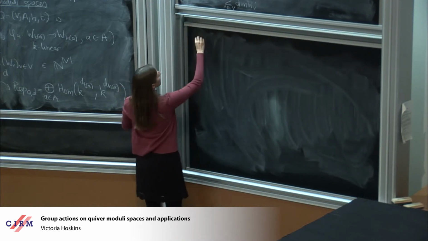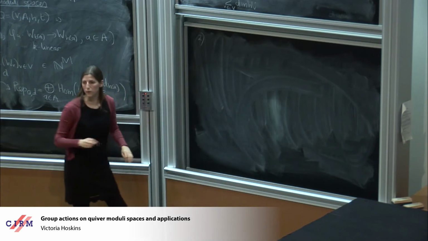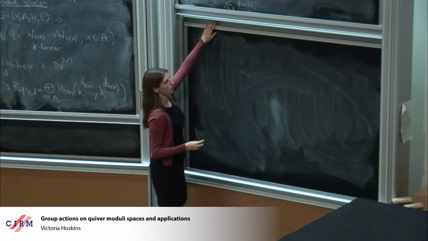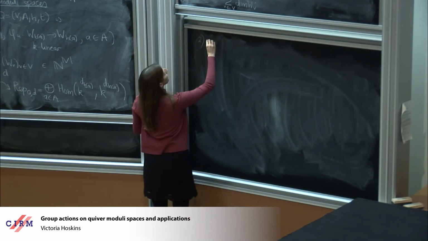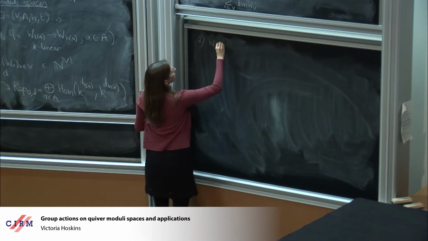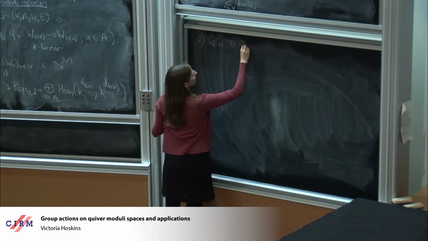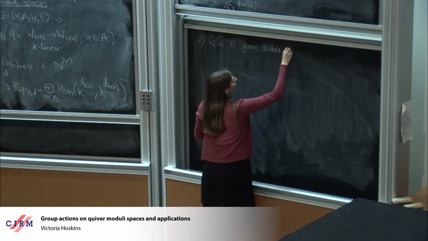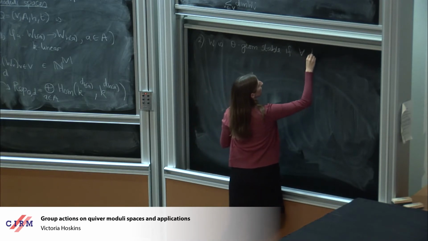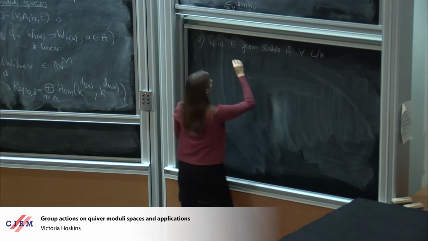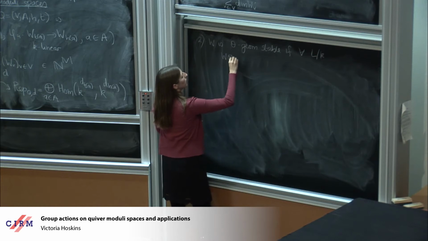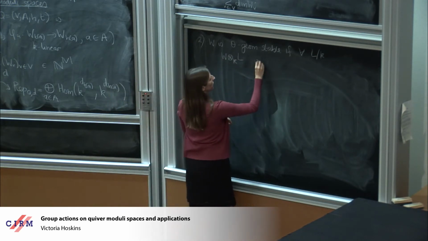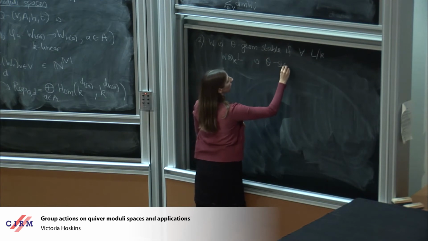Because we're not necessarily going to assume that K is algebraically closed, we need to also make a definition of geometric stability. We say that W is theta geometrically stable if for all field extensions L, the L representation of Q is theta stable.